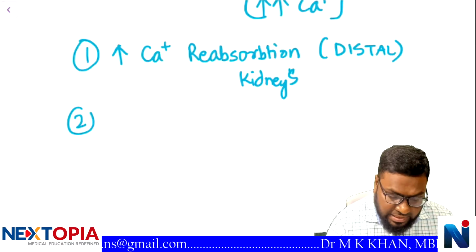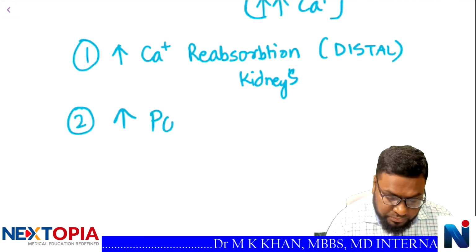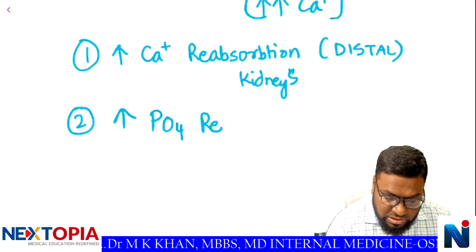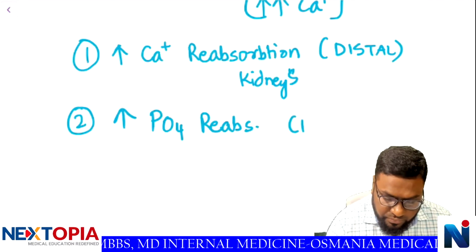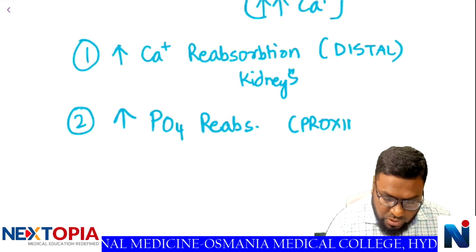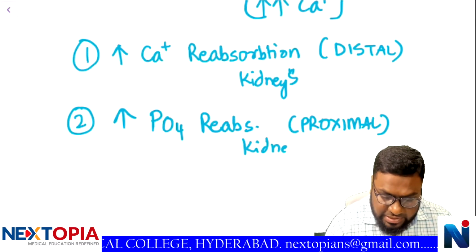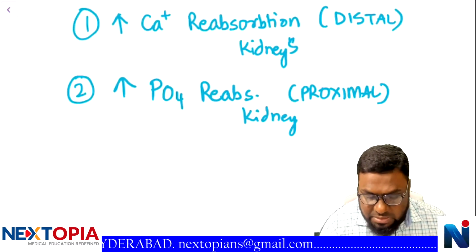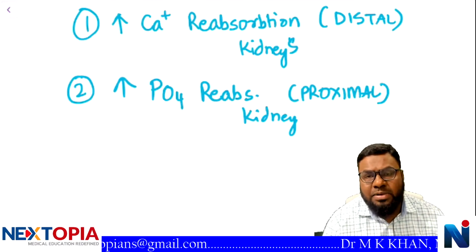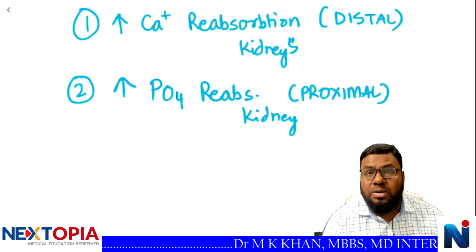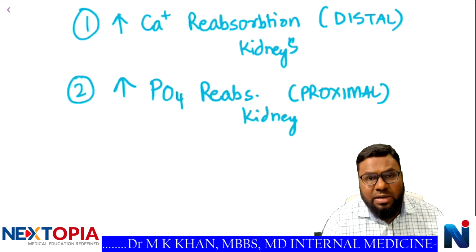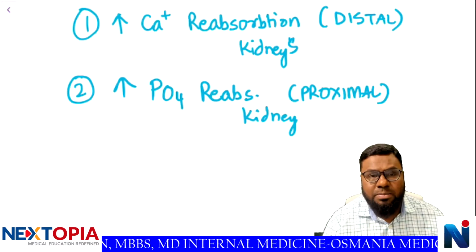Second, it increases the phosphate reabsorption from the proximal tubule, because in the proximal tubules maximum reabsorption occurs. 90% of the substrates are reabsorbed in the proximal convoluted tubule. I already told you when I was teaching the kidney chapter, the nephron chapter.